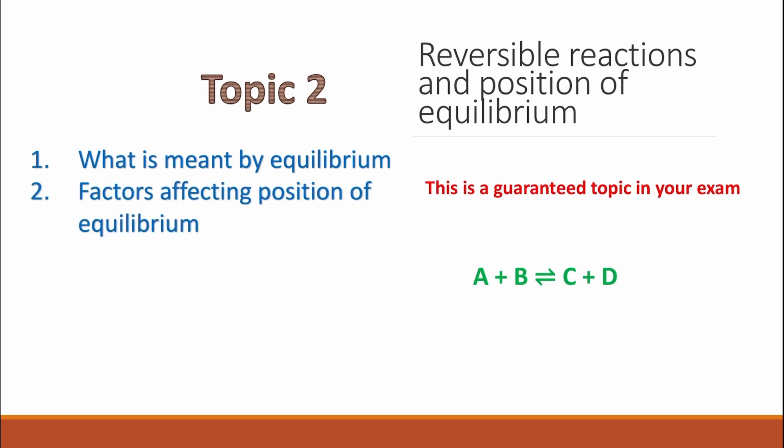You need to know the different factors that affect the position of the equilibrium, because they will ask you about one or two of these factors, like temperature. To know the effect of the temperature, you need to know which direction is the exothermic reaction, because increasing the temperature will push the reaction towards the endothermic reaction.